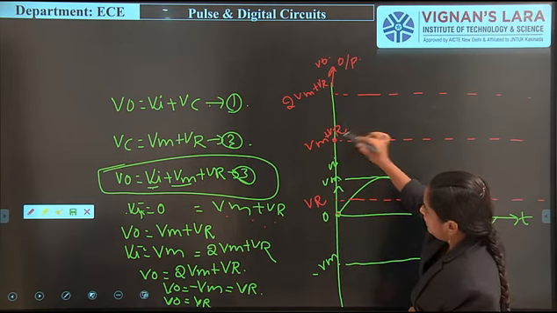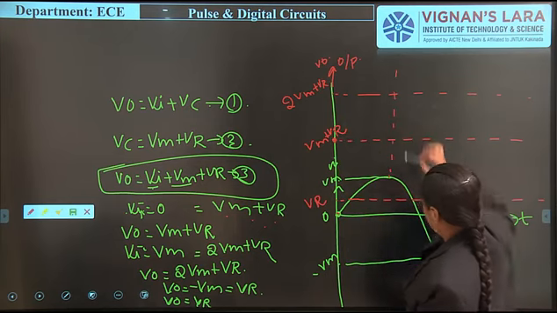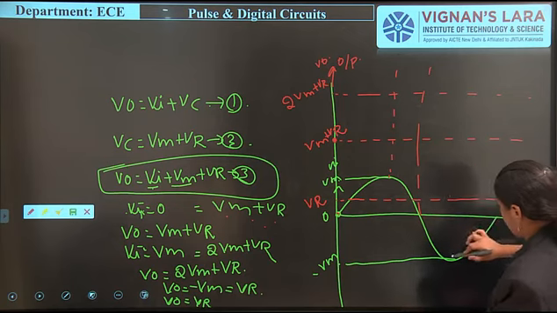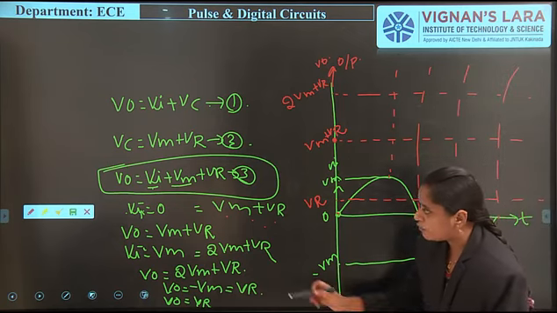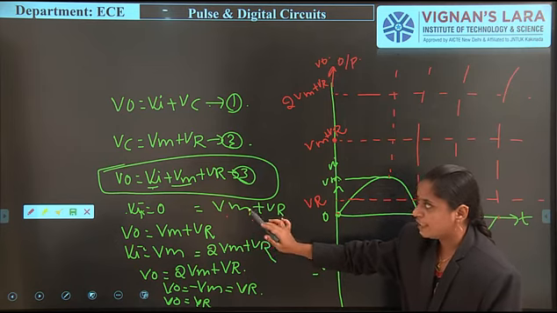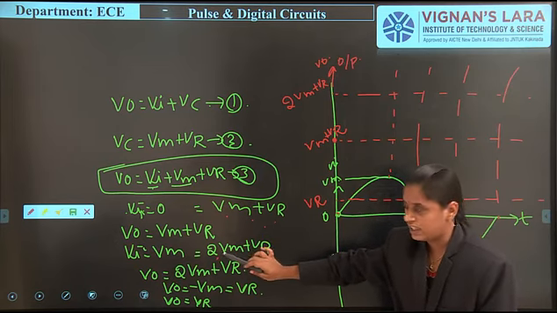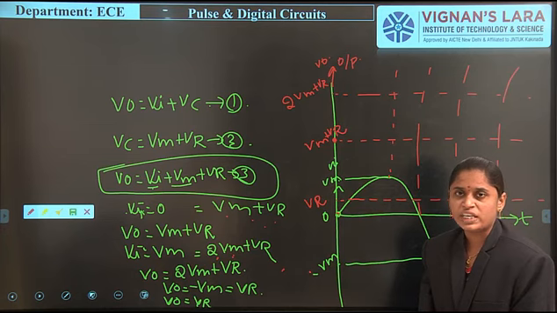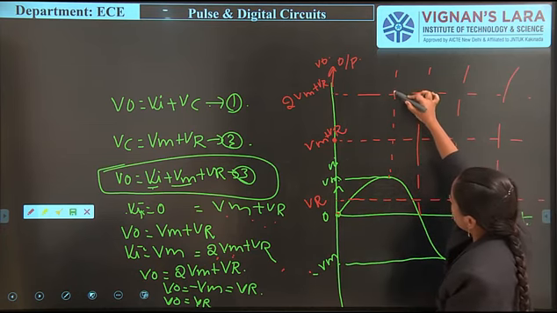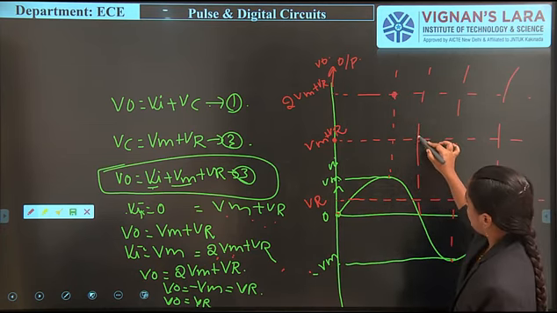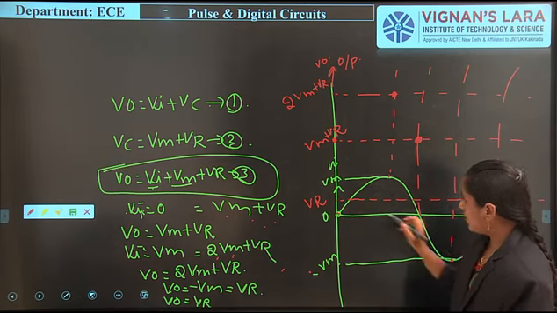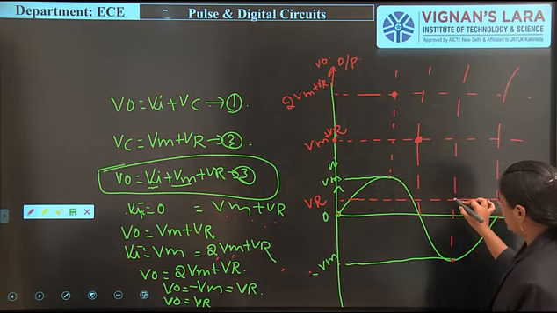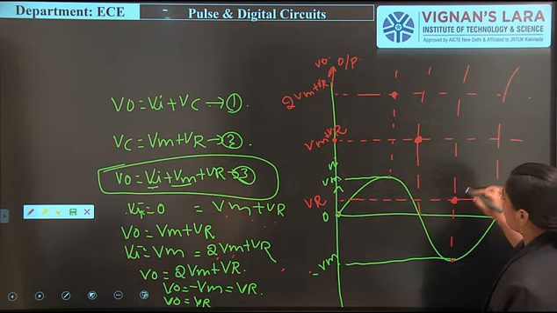Next, the input signal Vi equal to Vm; the output is 2Vm plus Vr. Then again it goes to Vm plus Vr, and at Vi equal to minus Vm the output will be Vr, and the final one is 0.